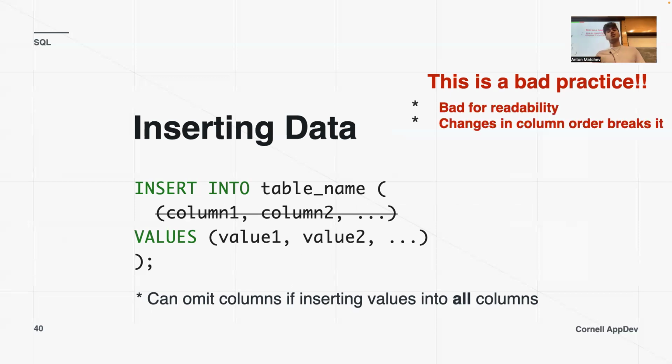First off, it's bad for readability, right? So insert into table name, and then you give a list of values, but you don't know where they actually go. SQL will figure that out, but it's bad for actual humans reading the code.